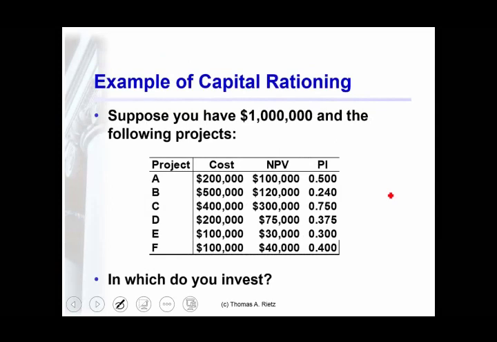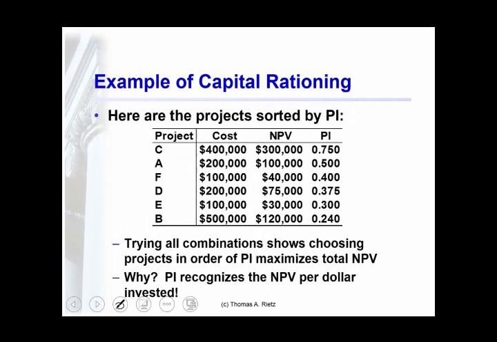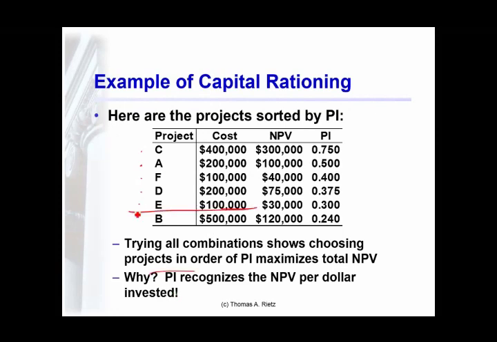Supposing we have a $1 million budget and we have the following projects, A through F, with the cash flows in this table. If you reorder these things and rank them by Profitability Index, just doing a sort, and start buying the projects in order of highest Profitability Index to lowest until you run out of cash, in this case 400,000 project C, 200,000 project A, 100,000 project F, 200,000 project B, 100,000 project E. That exhausts the $1 million.